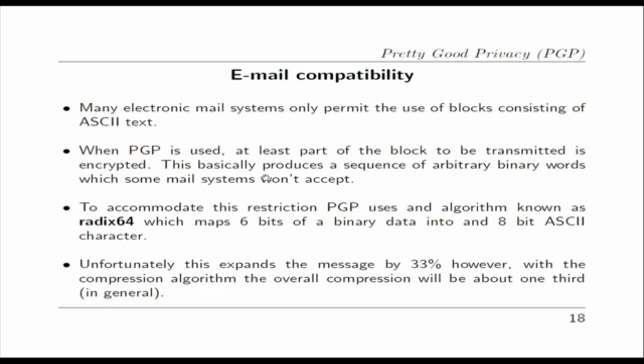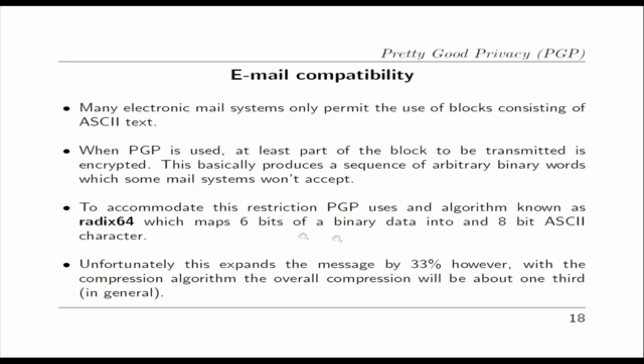This basically produces a sequence of arbitrary binary words which some mail systems won't accept. To accommodate this restriction, PGP uses an algorithm known as radix 64, which maps binary data into ASCII characters, because many email systems are compatible with ASCII text, but not compatible with binary data.